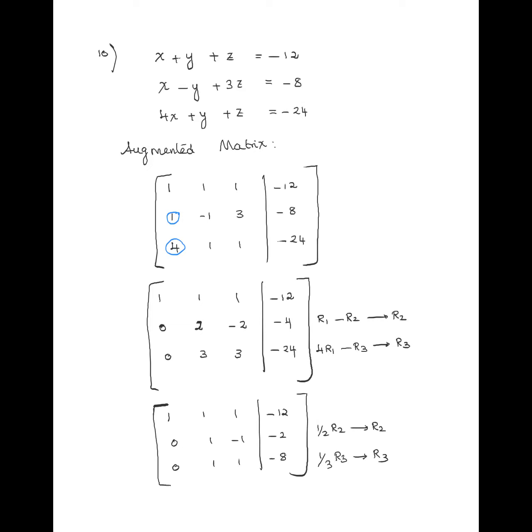Just to make it easier we can make the easier steps. And then the next one, what we are going to do here is we are going to make the third row, second element 0. So we are going to do 1, 1, 1, negative 12. So write this, negative 2.